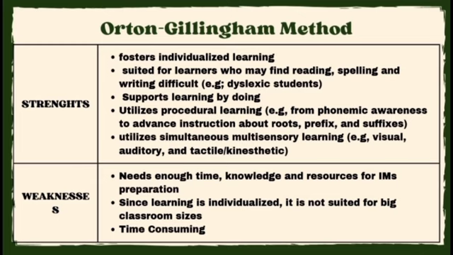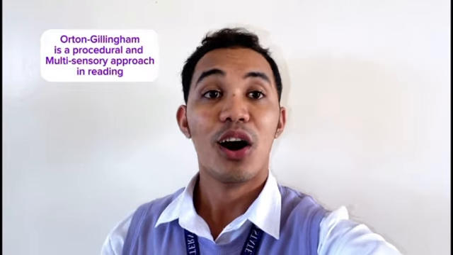It supports learning by doing, utilizes procedural learning, from phonemic awareness to advanced instruction about roots, prefixes, and suffixes, and it utilizes simultaneous multisensory learning: visual, auditory, and tactile or kinesthetic. With so many benefits, we should consider as well that it needs enough time, knowledge, and resources for instructional materials preparation. Since learning is individualized, it is not suited for big classroom sizes. And lastly, it is time-consuming.